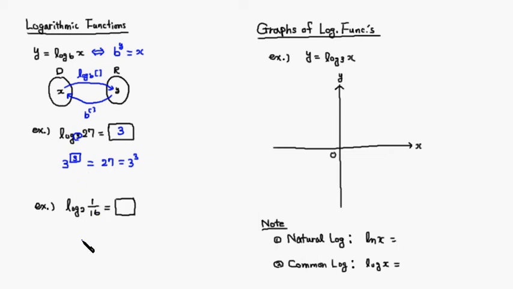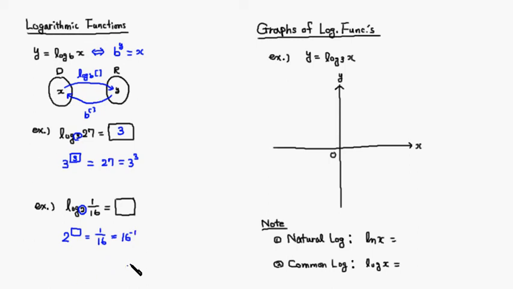Let's look at another example. How about log to the base 2 of 1 over 16? Let's rewrite it in terms of the exponential function. So base is 2, and 2 to the open box is equal to 1 over 16. I don't like a fraction, so I'm going to write it as 16 to the negative 1 power.